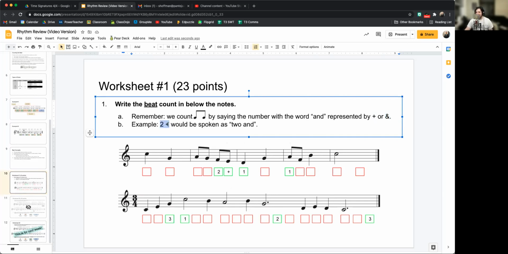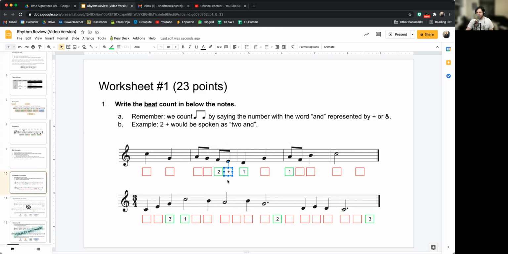And that will come in the second one of the pair of eighth notes. So we can see here we have 2 and. So keep that in mind. You'll have the beat number, it's beat 2, and then we'll have the and of 2. So you'll fill that in, similar to other worksheets that we have done in the past.